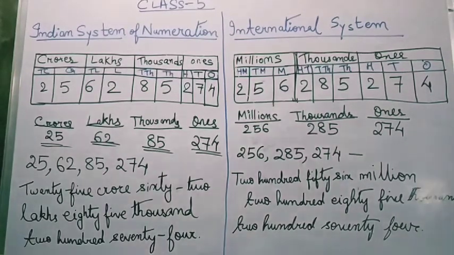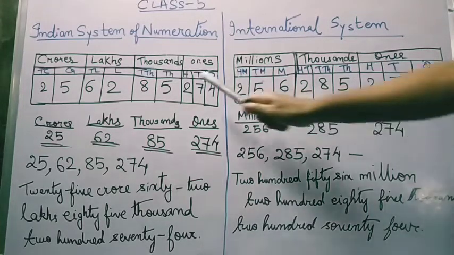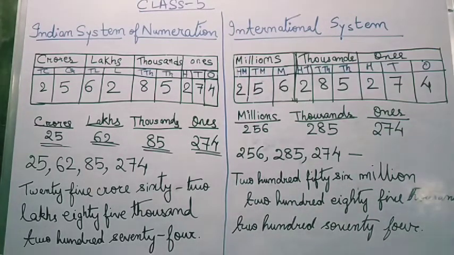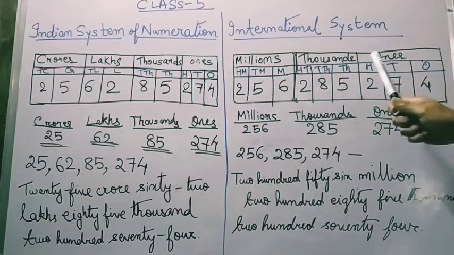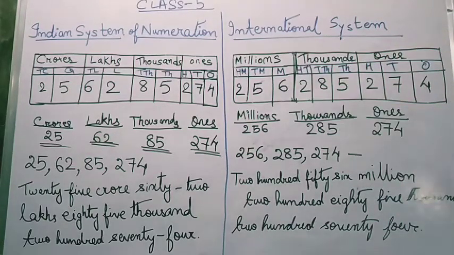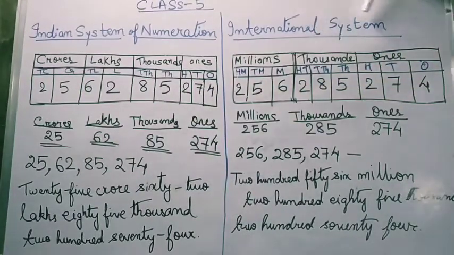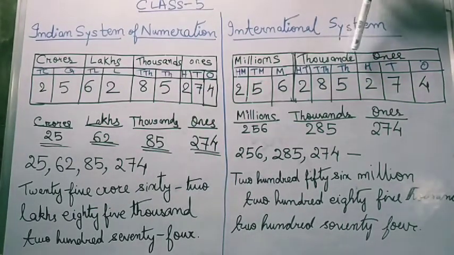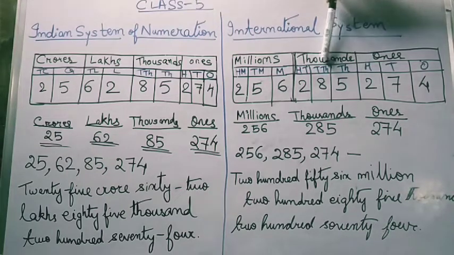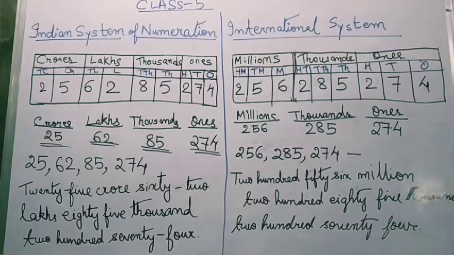You see, in ones period, there are ones, tens, hundred, same like Indian system. In thousands period, there are 3 place values. But in Indian system, only 2 place values, no? In international system, in thousands period, 1,000, 10,000, 100,000. 3 digits will be there.